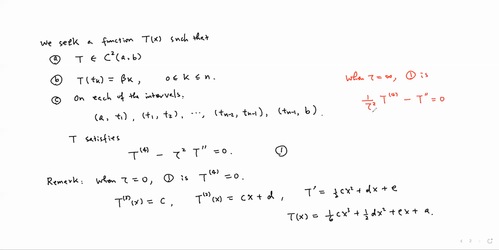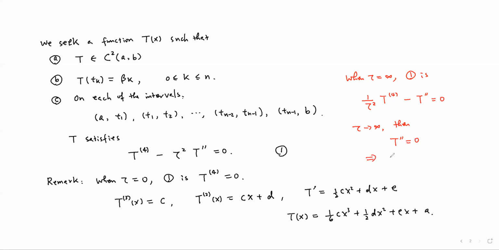Now let tau approach infinity, then this differential equation becomes, the first term approaches 0. So this differential equation is this. Now solve this differential equation.